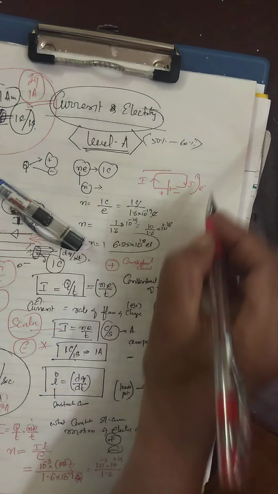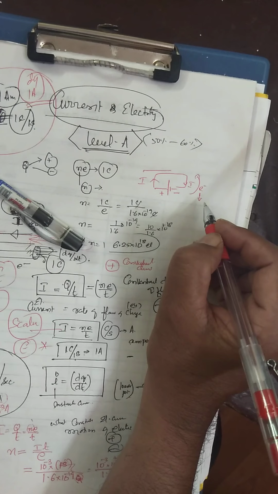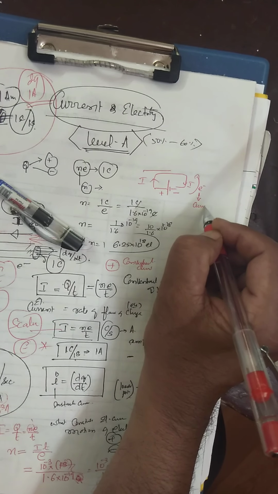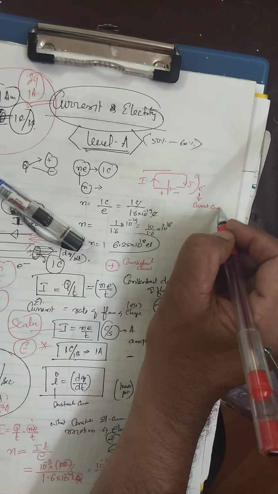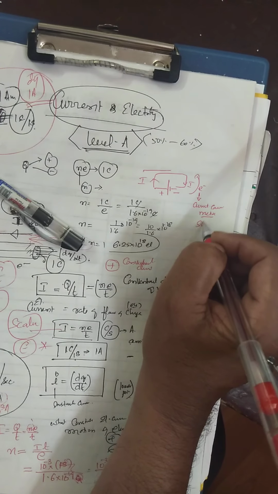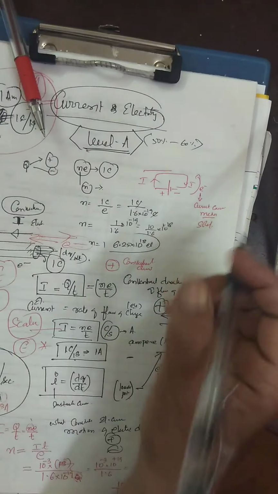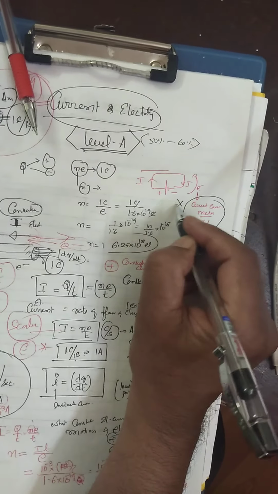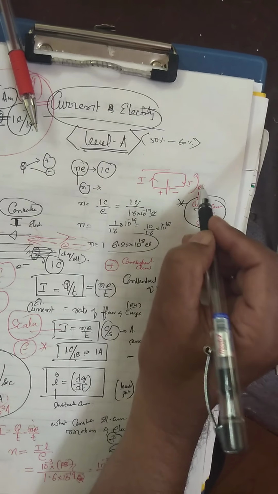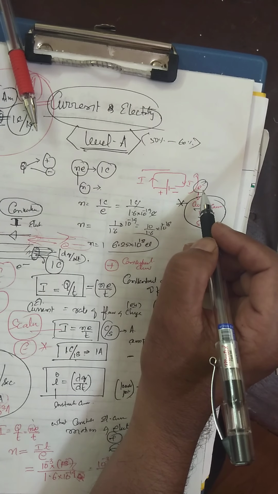Therefore, electrons are the current carriers in the metal or solid conductor. This is also asked in CET: name the current carrier in the metal. Electron, not positive charge, right?